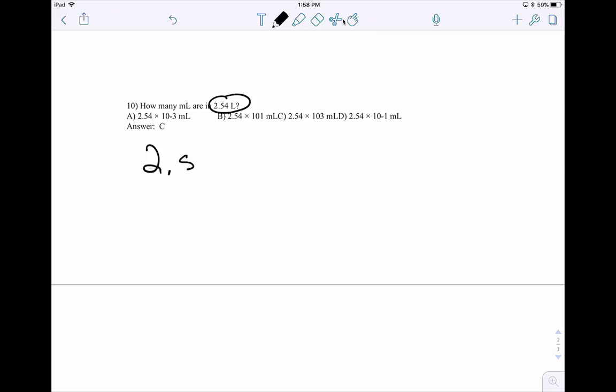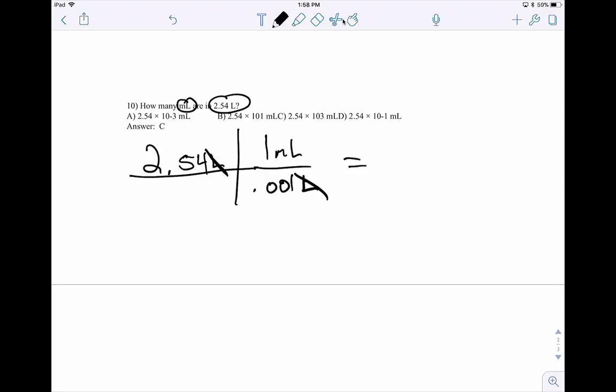You have 2.54 liters, and you know that 1 milliliter is equal to 0.001 liters, right? So it's by a factor of 1,000. And so that equals, by the way, notice I put liters on the bottom because you want milliliters in your final answer, so you need to put liters in the denominator to cancel liters in the numerator.